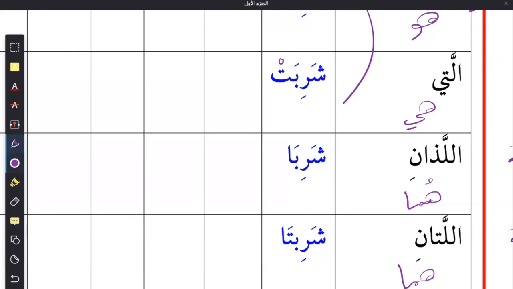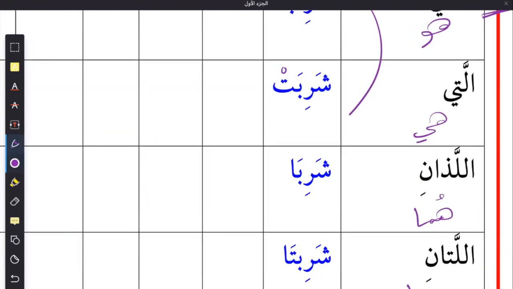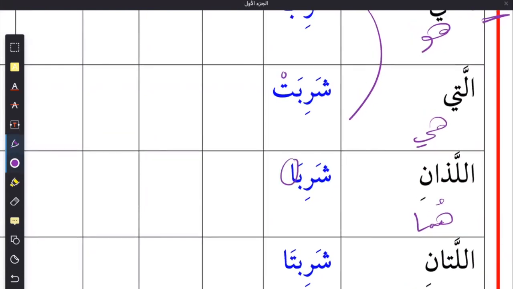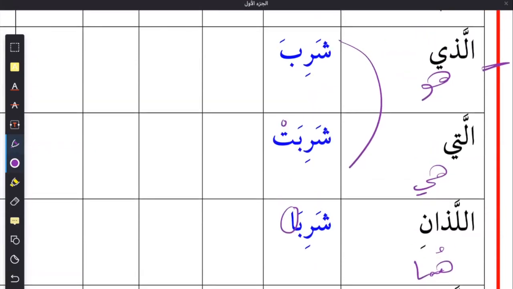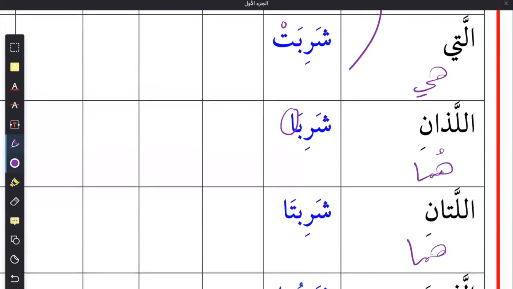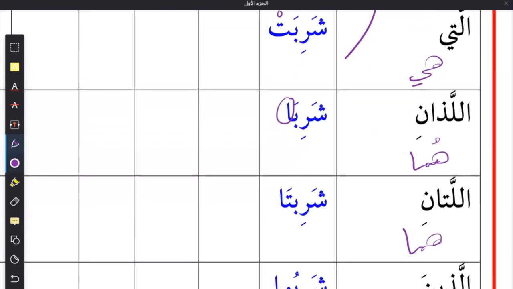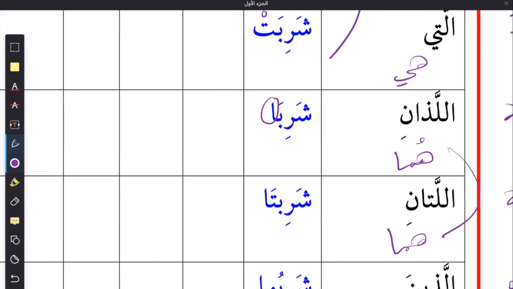For two, you say shariba. So we have to have this alif. This alif indicates that we're talking about two people, because it's exactly the same as shariba. If you say shariba, one person drank. If you say shariba with the alif, now we know you may be talking about two people, right? And this is for masculine. Here you will see the huma makes a difference.